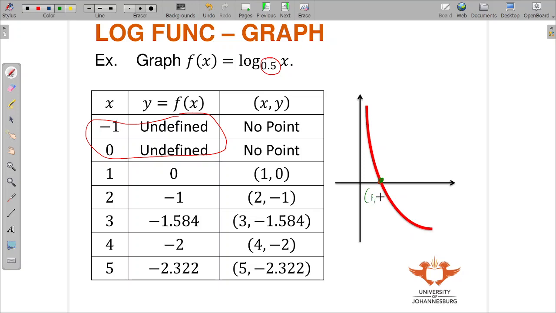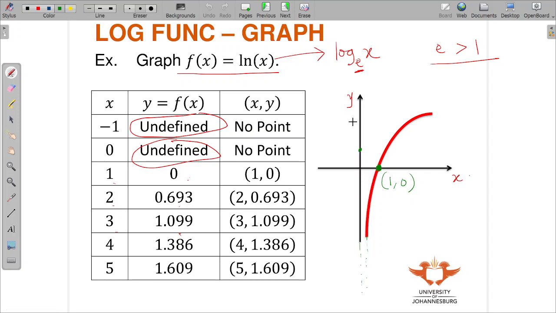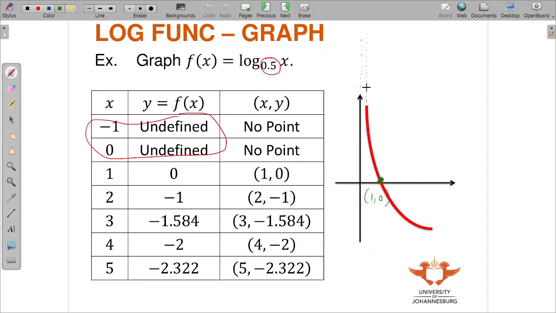But this time around, the values go on the positive side of y. When the base is greater than 1, it goes on the negative side of y, but when it is less than 1, it goes along the positive side of y. Please take note of that.